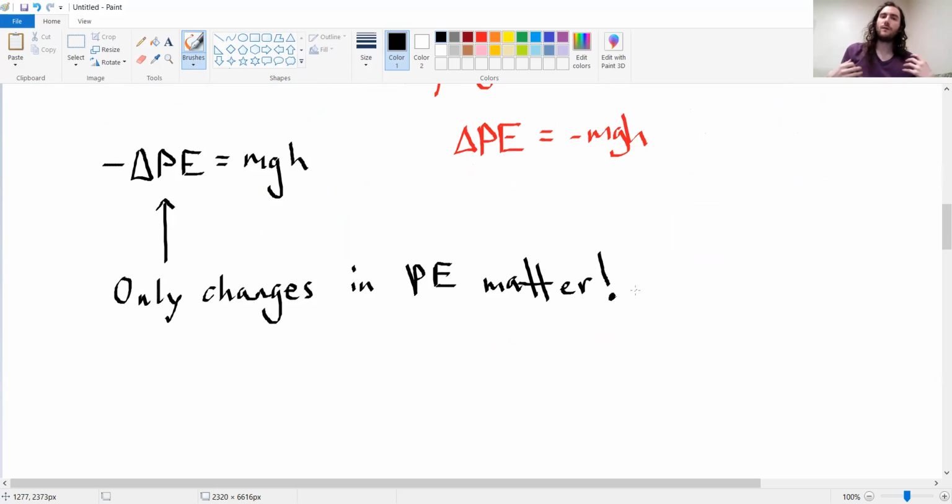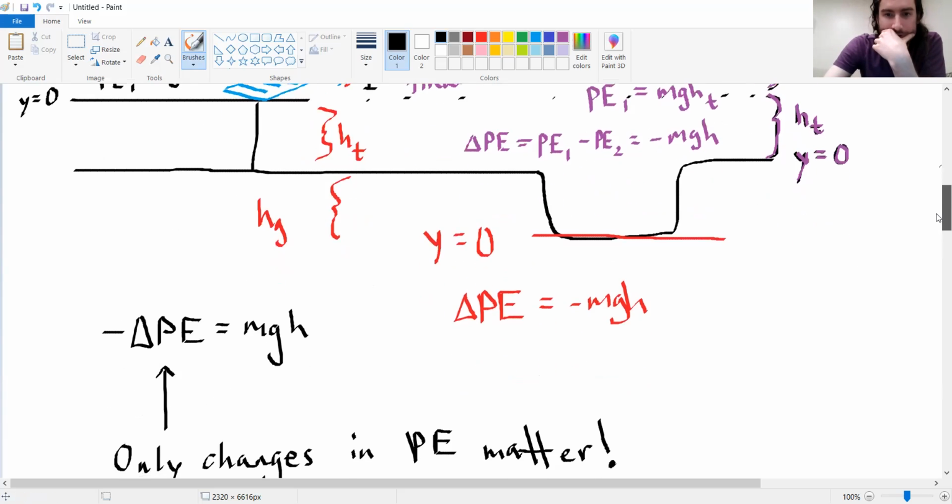Okay, the actual value of the potential energy does not matter. Only how the potential energy changes matters. Okay, so any questions about that? Did that make sense?